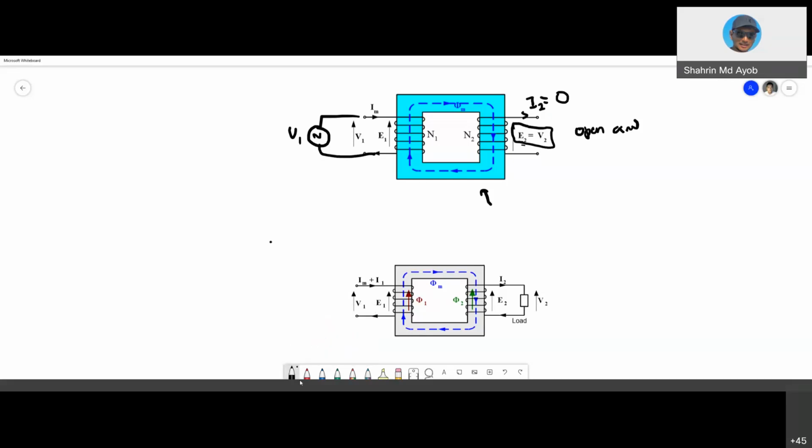And we already know the relationship between the transformer parameters, where the basic function of the transformer is, the first one is what? There are two basic functions for the transformer. Can someone say, what is the first function? The very important function.